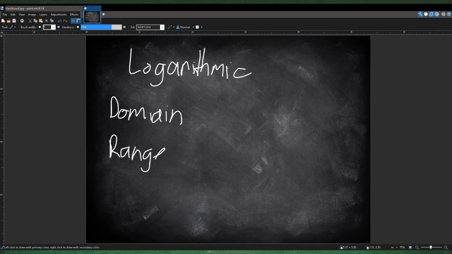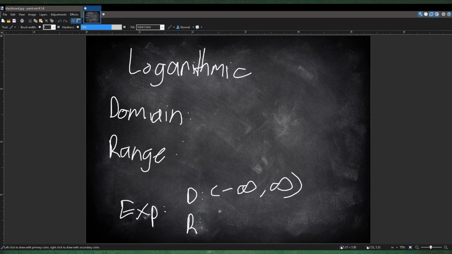Remember, this function, a logarithm, is an inverse of an exponential. So if this is an inverse, the exponential domain, I'm not going to write the entire thing. Domain is negative infinity to infinity, right? And the range is 0 to infinity.